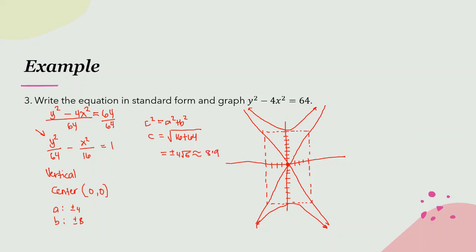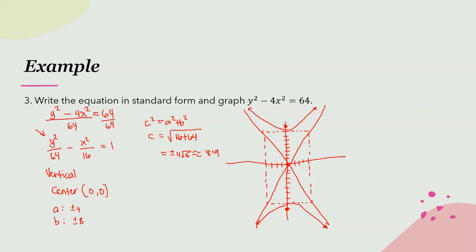So we have this 8 here and then 9 here. So practically our foci is just around 9. So our foci is around here as well. Okay, so that is our foci.